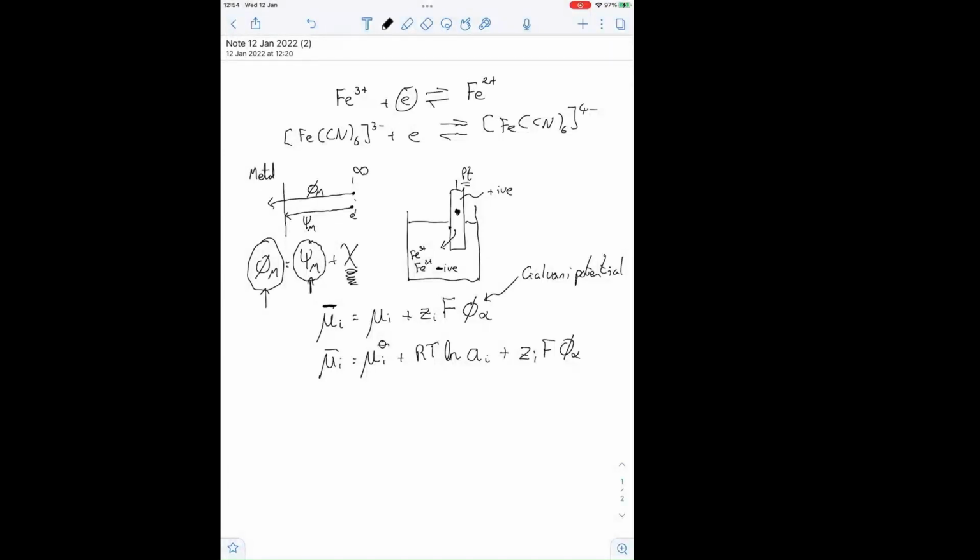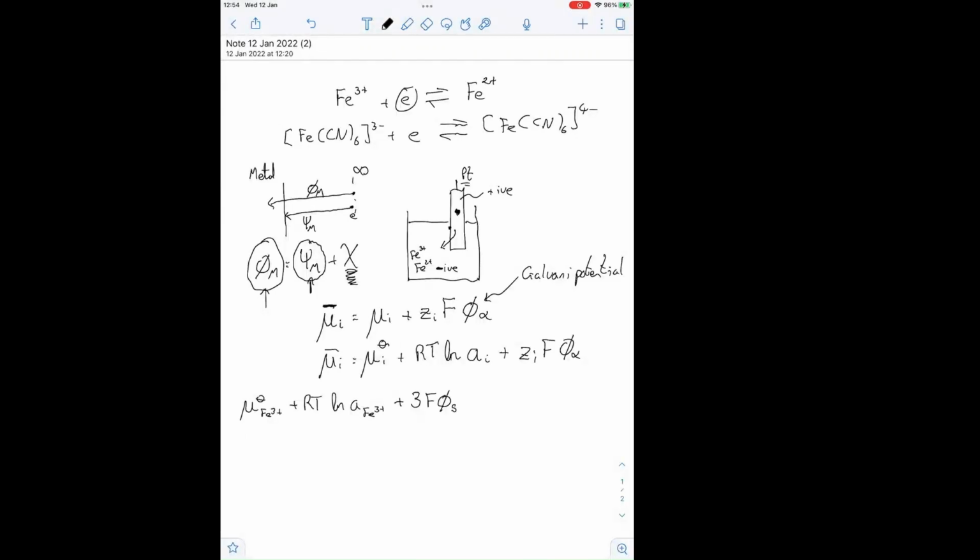So for this very simple reaction we're considering here, we have mu standard of Fe3+ plus the concentration term RT log activity of Fe3+ plus the potential term. The formal charge is now 3F and phi S, the Galvani potential of the solution.